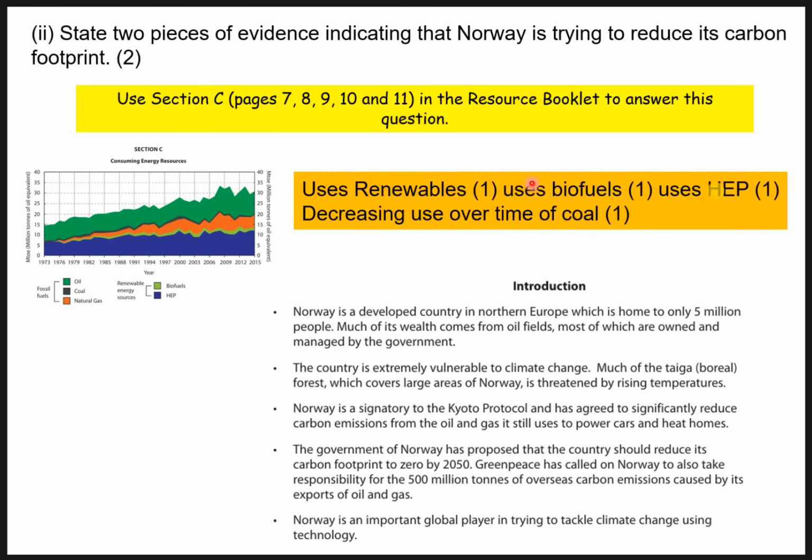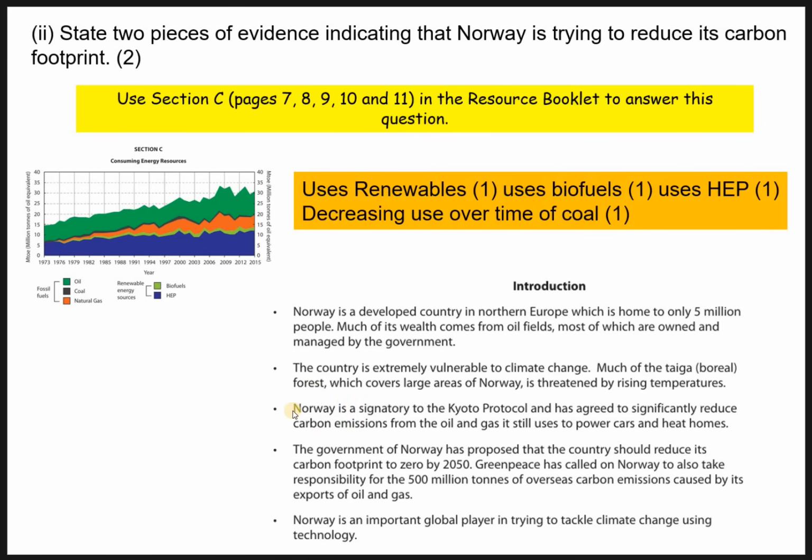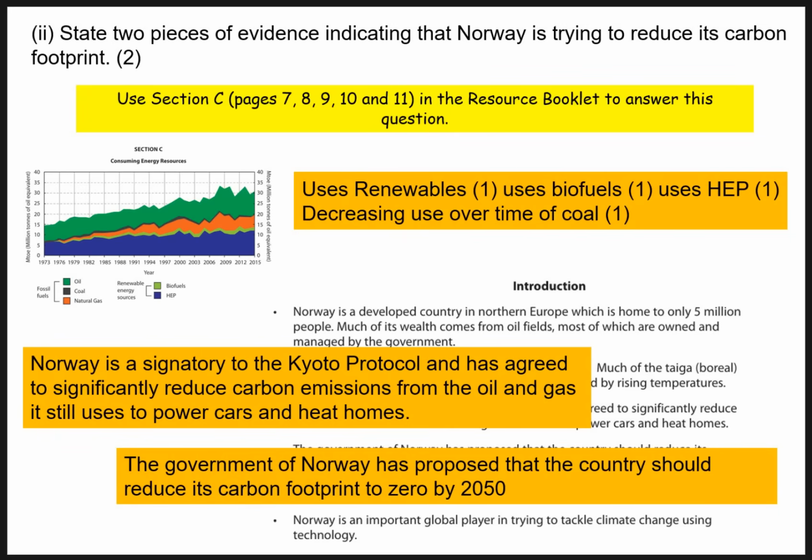Uses renewables, uses biofuels, uses hydroelectric power, or decreasing use over time. There's another one on there. It's this Kyoto Protocol, just over here. So Norway is signatory to the Kyoto Protocol, which has agreed to significantly reduce carbon emissions. So you could use that one. You could also use that one there as well. So the point I'm making is the information is here in front of you.